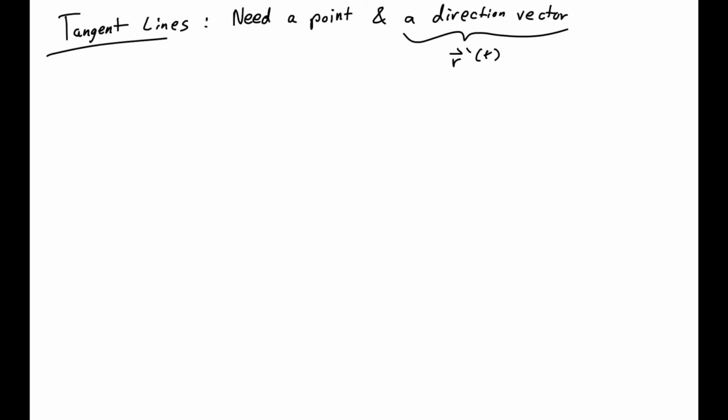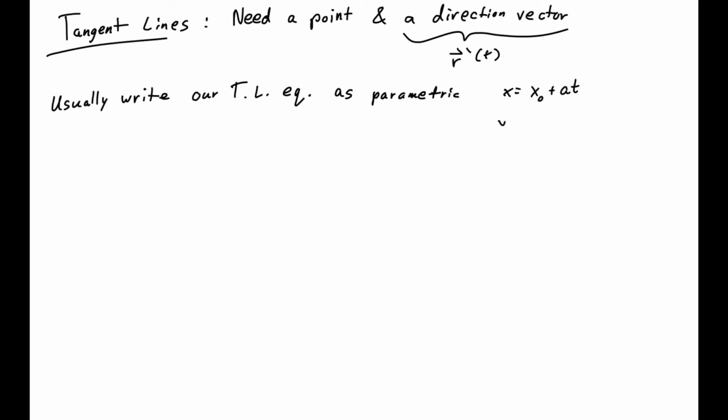Okay, and we're usually going to write our tangent line equation as parametric. So we're talking about x equals some initial number plus at, y equals the y initial number plus bt, z equals the z initial number plus ct, right?